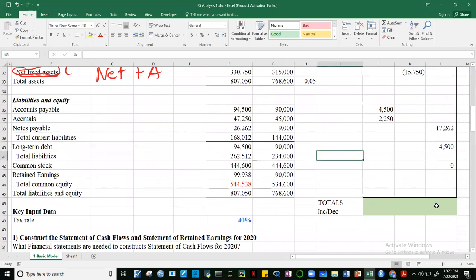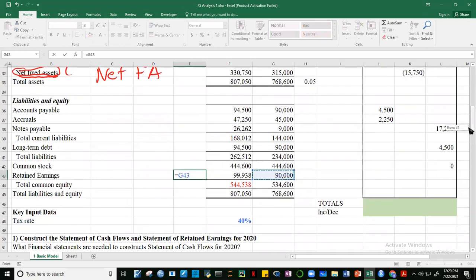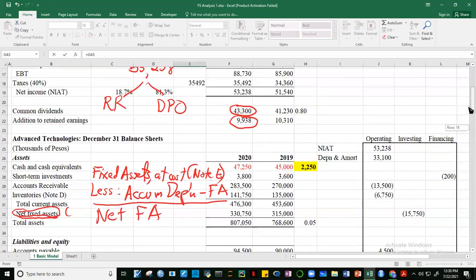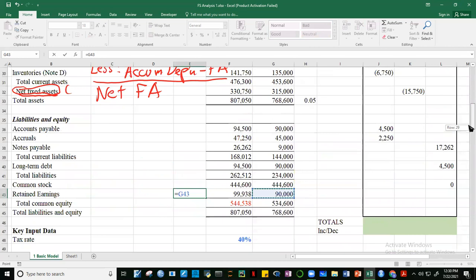By the way, guys, pakita ko lang to, na nakalimutan ko i-discuss. Saan nanggaling yung 99,938 na to? Just to quickly show you. Yung retained earnings natin nung 2019 is 90,000, cumulative earnings up to 2019.